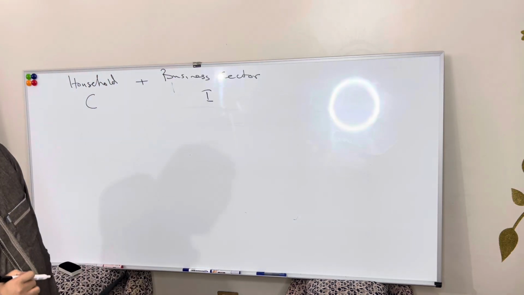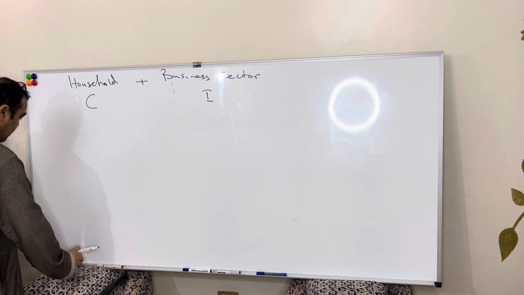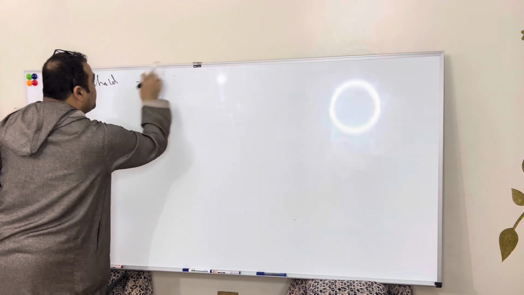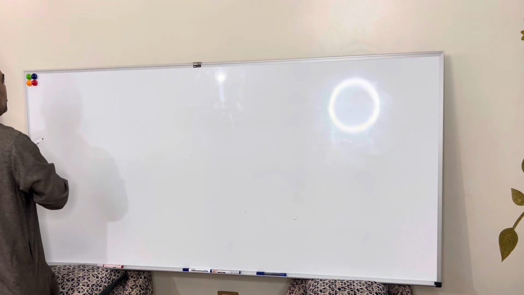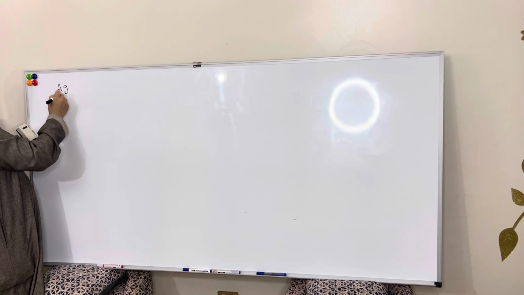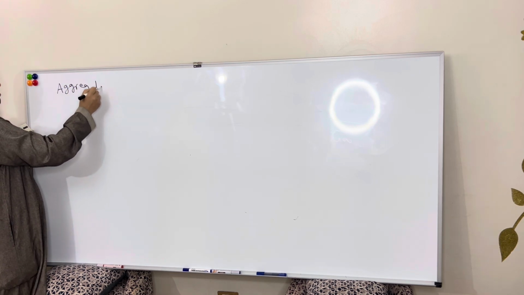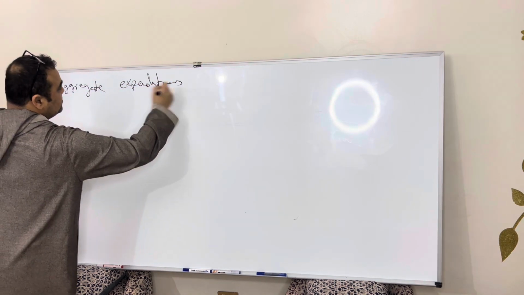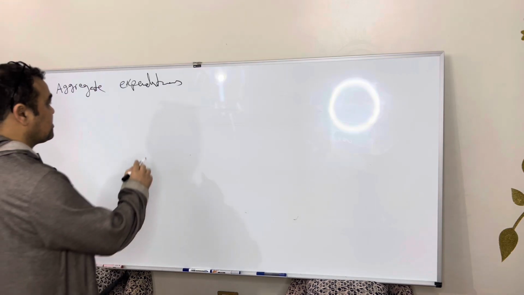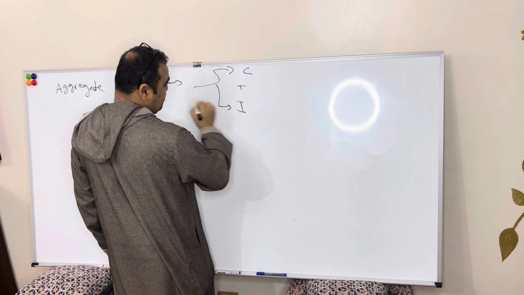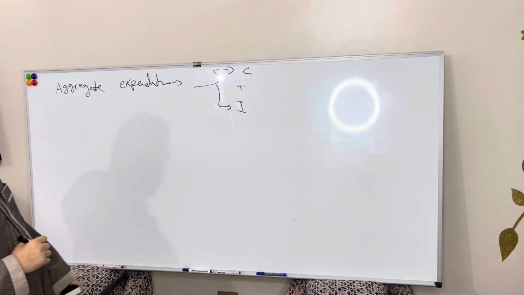So in the very simple economy, Y, or the aggregate expenditures, includes the expenditures for the household plus the expenditures for the private sector.